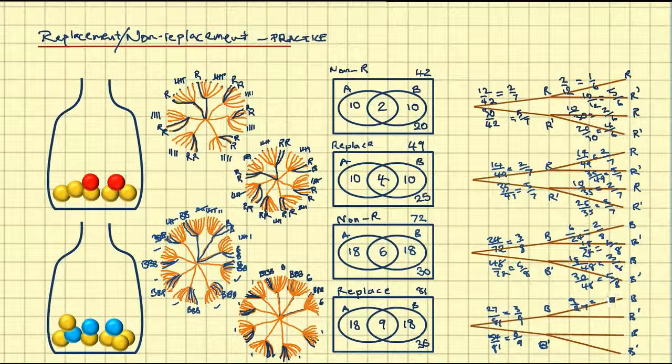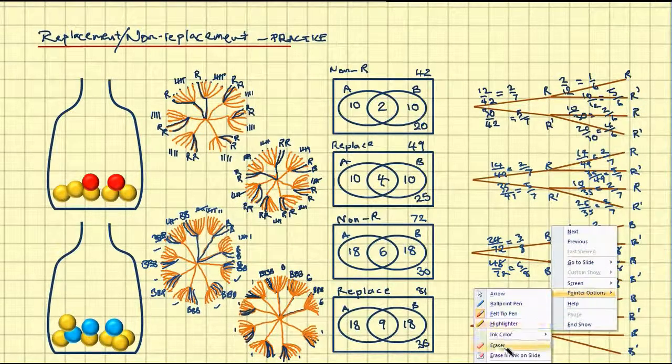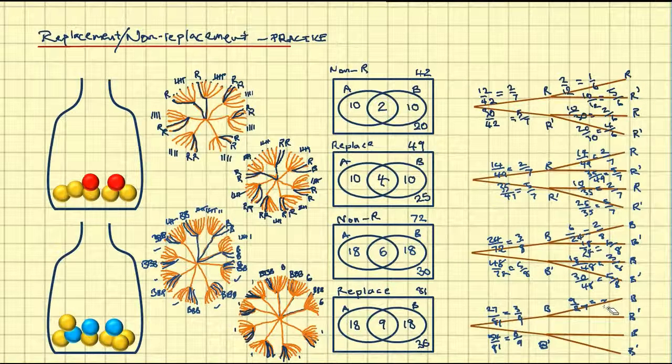Okay, well if I divide by 9, I've got 1 out of 3. But I don't really want to think about it as 1 out of 3.